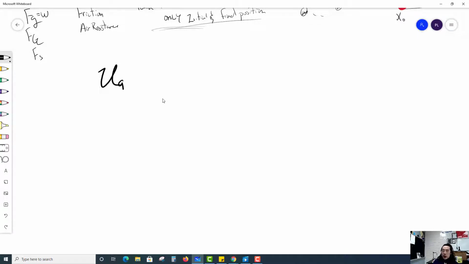So if we say U sub G, this is gravitational potential energy, okay? If we say U sub S, this is the spring potential energy. Okay, so that subscript helps describe what type of potential energy we're talking about.